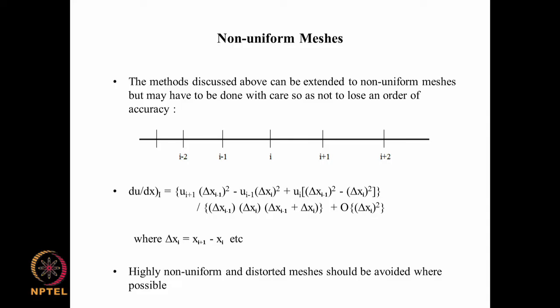But we would like to make a point that highly non-uniform and distorted meshes should be avoided where possible, because this expression here is formally second order accurate, but let us say that delta xi is much greater than delta xi minus 1, okay. So, in which case this term will be very small, negligible, and this term will be very small, negligible, and it boils down to a first order accurate formula, okay.